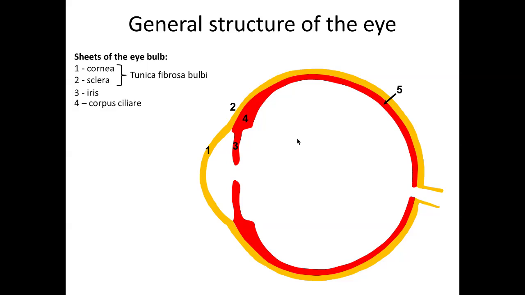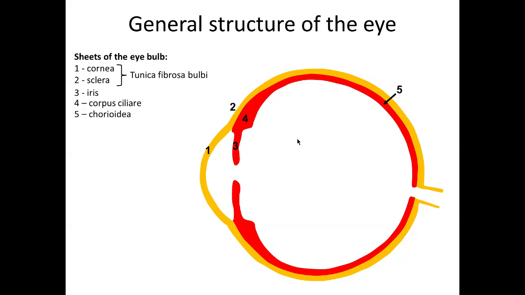And the most posterior portion of tunica vasculosa is called chorioidea. There are a lot of vessels inside of it, both venous and arterial, and the old name of this part also is tunica uvealis.